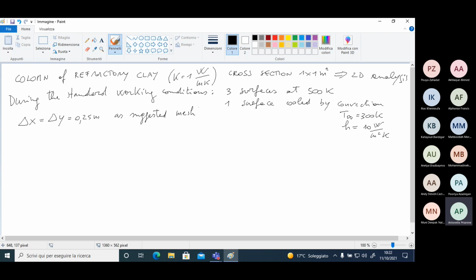We have to evaluate the temperature field and the heat flux to the air. So we can do a sketch of this system.